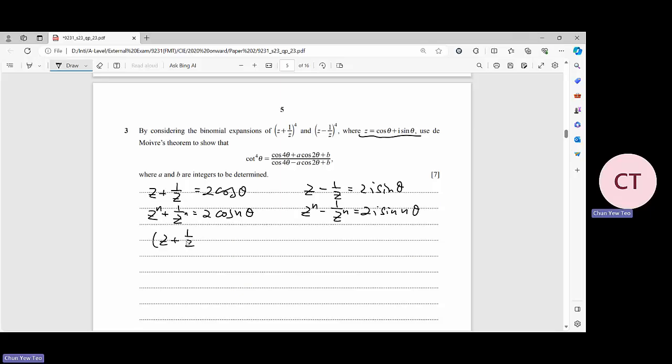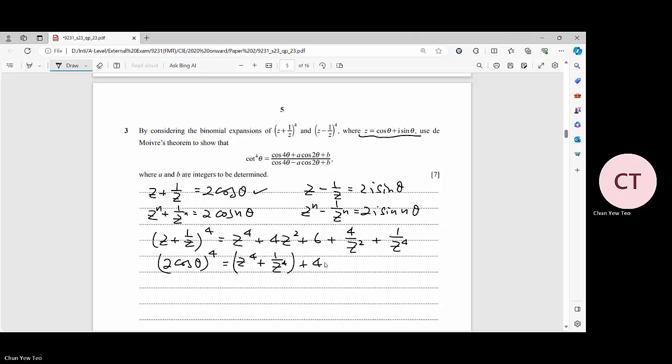So now we can start to expand this expression. You get z power 4 plus 4z squared plus 6 plus 4 over z squared plus 1 over z power 4. So from here, just by using this result, you get 2 cos theta power of 4. Then this one, you rearrange them, group them together like this.